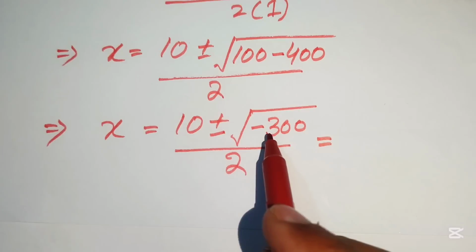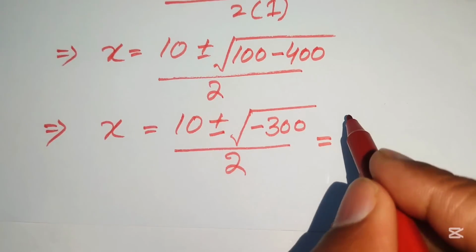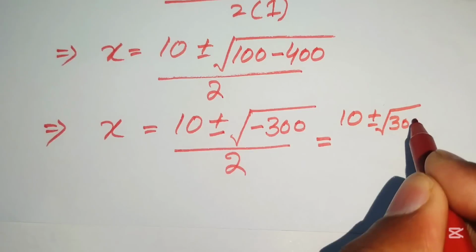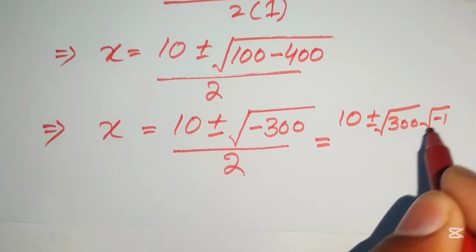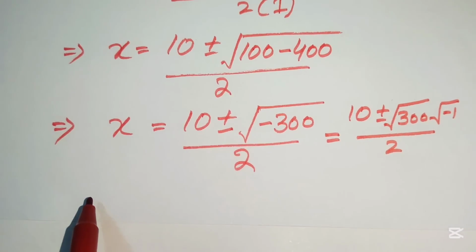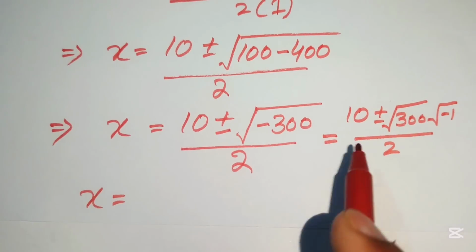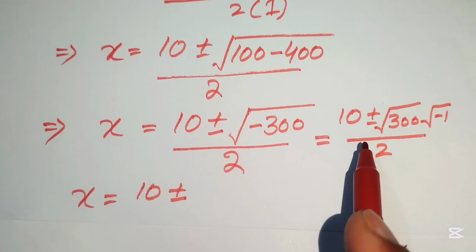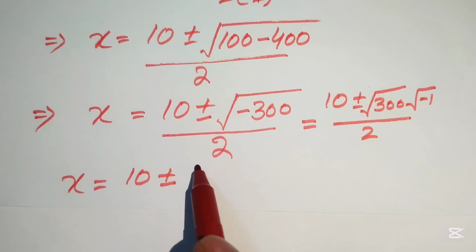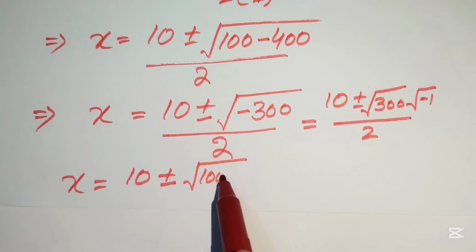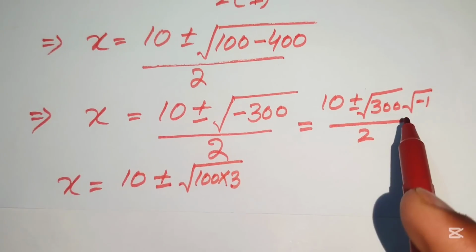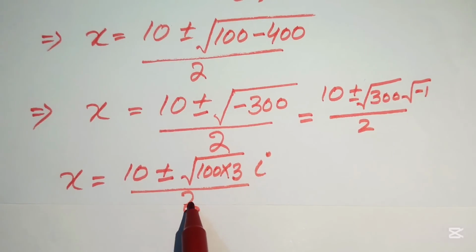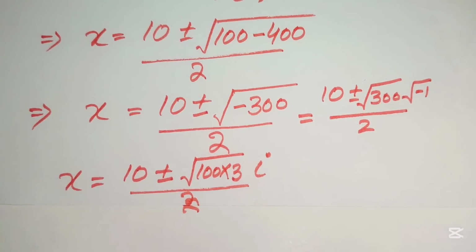So we write this separately in this form: 10 plus minus square root of 300 into square root of minus 1, divided by 2. So here we have x equals 10 plus minus square root of 300. We write this 300 as 100 multiplied by 3, and we have the square root of minus 1 equals iota, and it is divided by 2.